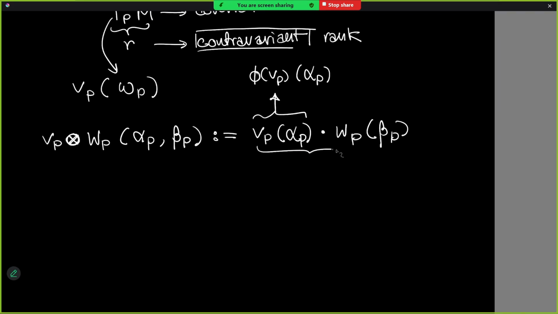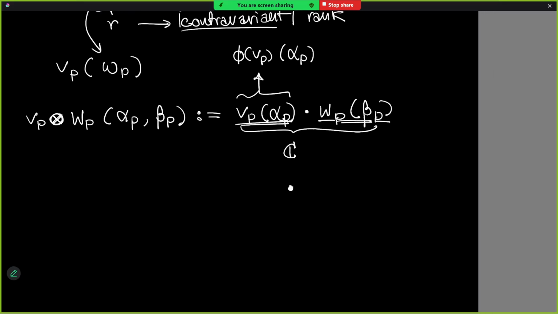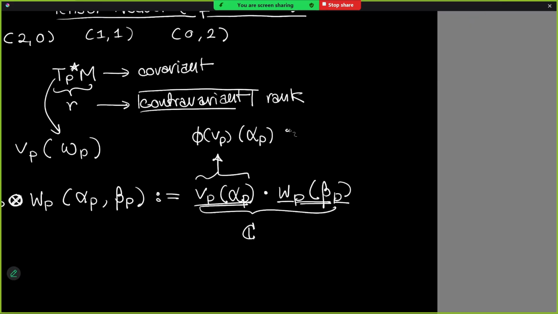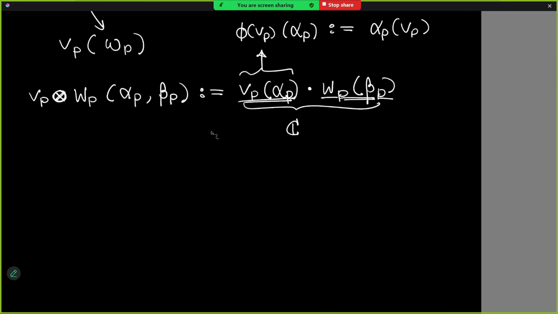So this whole thing is a complex number, because this is a complex number and this is a complex number, and the multiplication is also a complex number. But because this is defined to be alpha P of VP, this is also equal to alpha P of VP times beta P of VP.